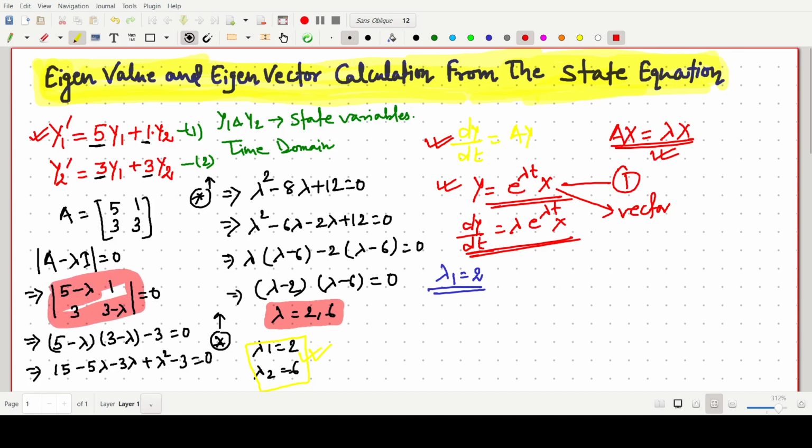Okay, this matrix. So what I am doing, I am writing 5 minus 2, instead of lambda I am putting 2, 1 and 3, 3 minus 2.